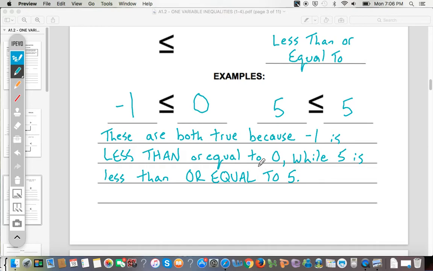Same reasoning as our last situation. -1 satisfies the less than component of this sign, so -1 is less than 0. 5 is not less than 5, but 5 is equal to 5. And since we have two conditions here, this statement is true.